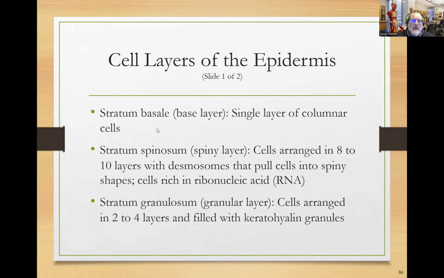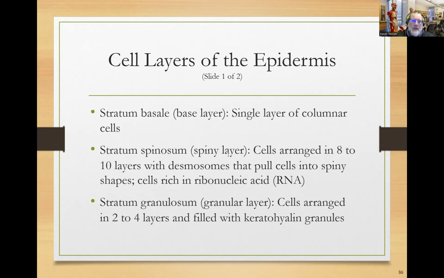Then we have the stratum spinosum, or the spiny layer, which helps with reproduction and the mitosis that's going on. It kind of regulates mitosis, I suppose. Down here in the basal is where mitosis is happening, and the cells just keep getting pushed up as new cells are born each day.